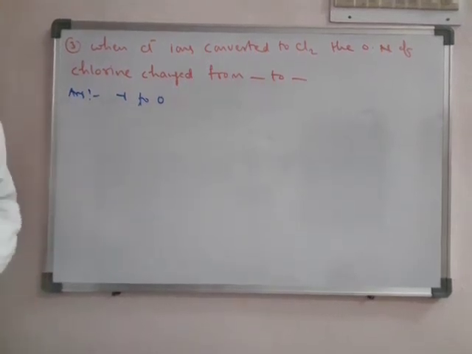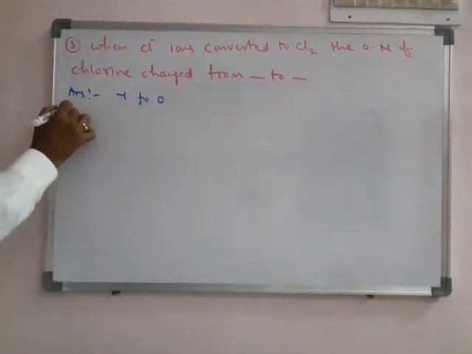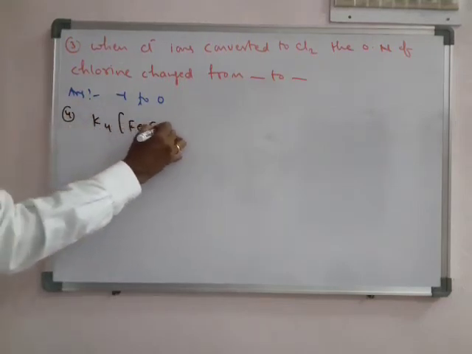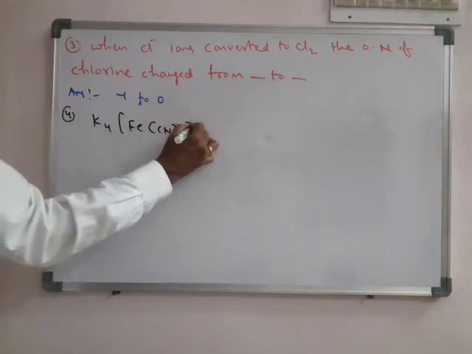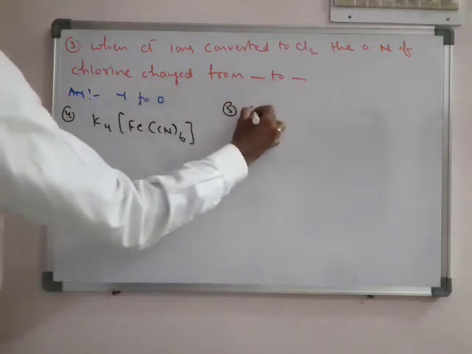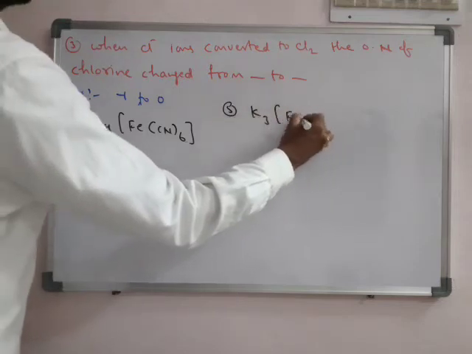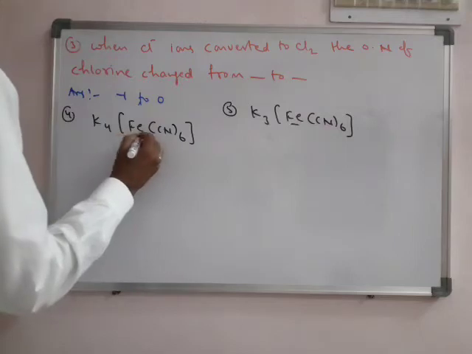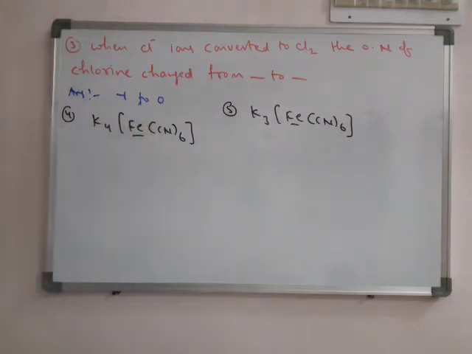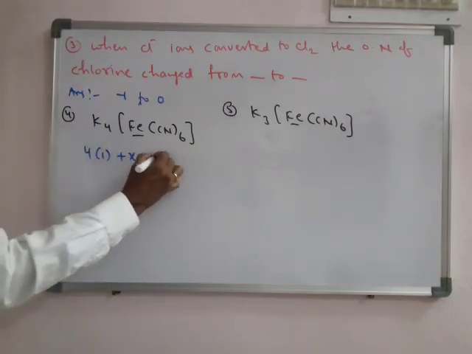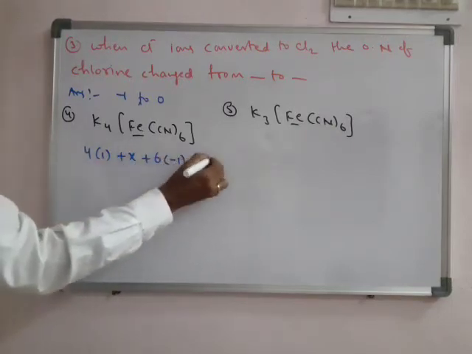So let's see the other example. Okay, for Fe(CN)6, what are the iron oxidation states? Here 4 into 1 plus x minus 1, overall 0.